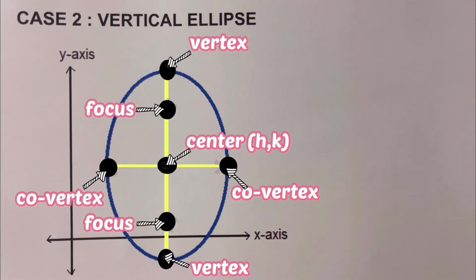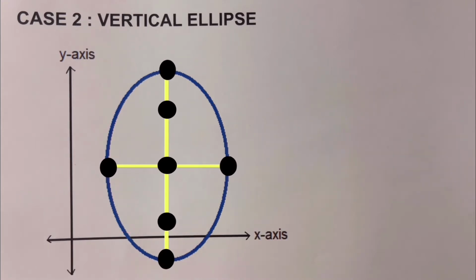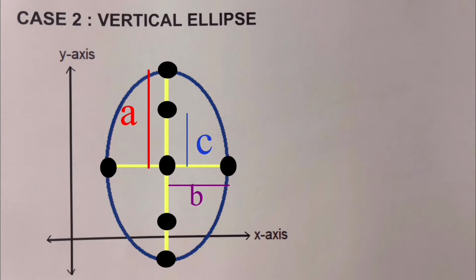We remember that the coordinates of the foci for a vertical ellipse are (h, k plus or minus c). The distance from the center to the vertex is a, the distance from the center to the co-vertex is b, and the distance from the center to the focus is c.